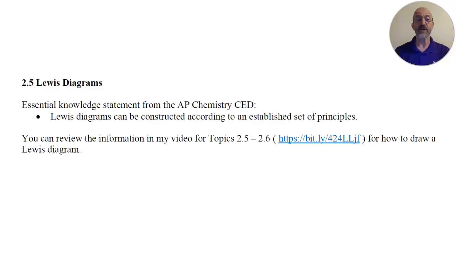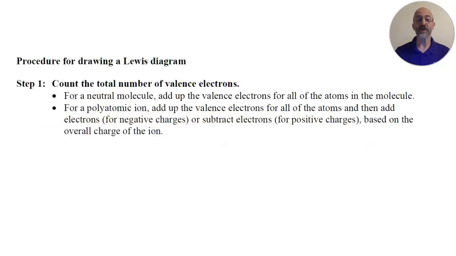Here is an essential knowledge statement from the AP Chemistry course and exam description. Lewis diagrams can be constructed according to an established set of principles. You can review the information in my video for topics 2.5 to 2.6 for how to draw a Lewis diagram. The first thing that I do when I prepare to draw a Lewis diagram is I count the total number of valence electrons in the molecule or the polyatomic ion.